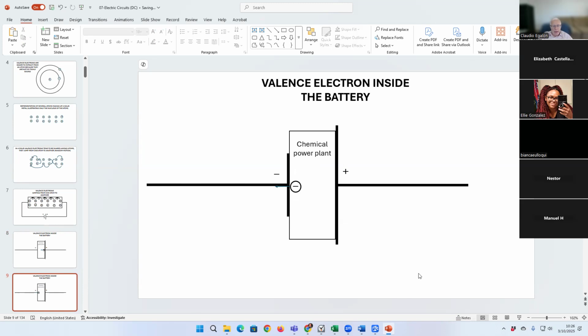And once the electron moves to the negative side of the battery, what's going to happen? The electrostatic force of this negative plate will be able to propel the electron back into the circuit, okay? That's how you have to picture what goes on inside a battery.